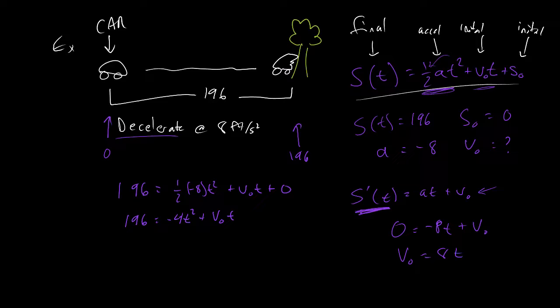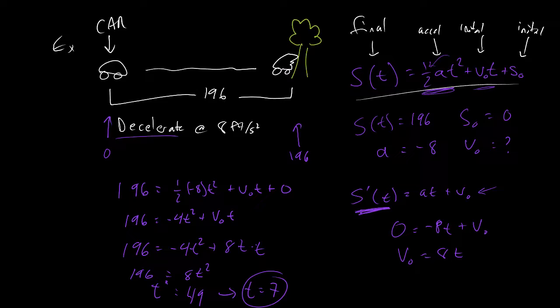Well, then we can just come back over to our other equation and plug it in. So we have 196 is equal to negative 4t squared plus 8t times t. So I have 196 equals negative 4t squared plus 8t squared. So I have 4t squared. And now t squared is equal to 49, so that must mean that t is equal to 7.